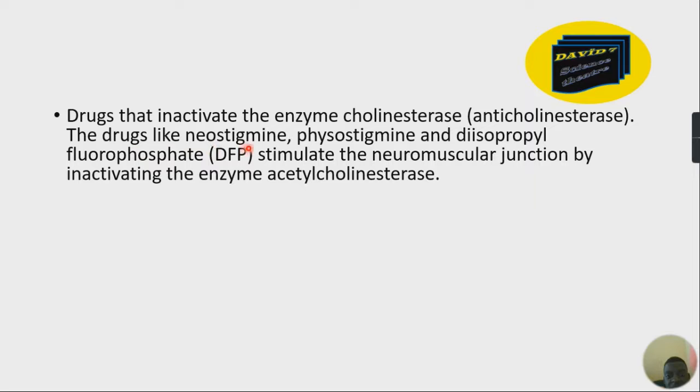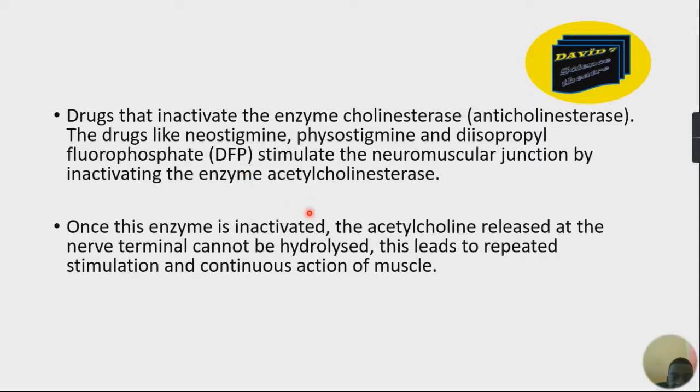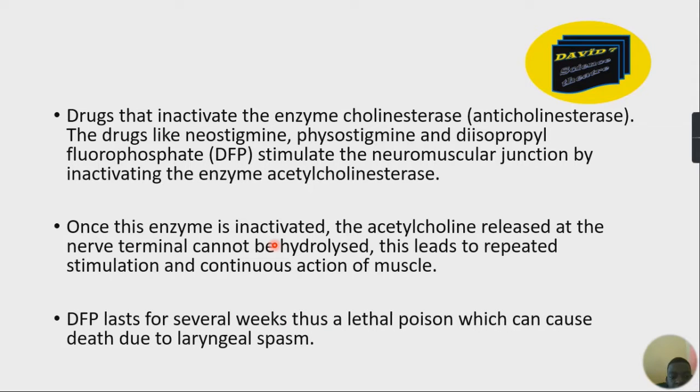These drugs like neostigmine, physostigmine, diisopropyl fluorophosphate, DFP, stimulate the neuromuscular junction by inactivating the enzyme acetylcholinesterase, so that once it is inactivated, the acetylcholine released will not be hydrolyzed. This will lead to repeated stimulation and continuous activity of the muscle involved.